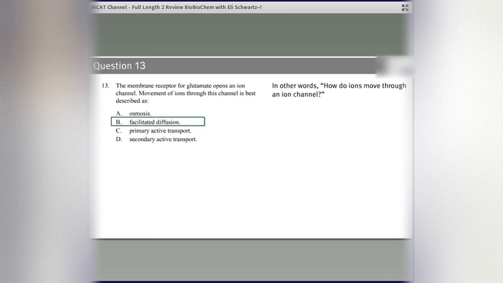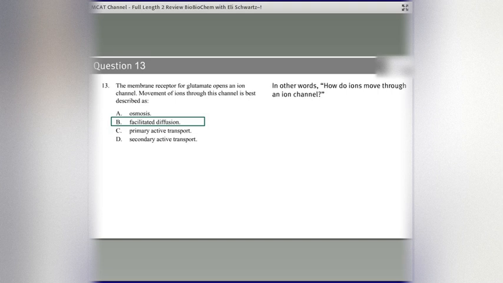So unless we know anything else, that is by default the most general answer. It is facilitated diffusion. Simple as that. Now that's kind of specific to the MCAT, asking you a question where multiple answer choices, if you knew some new specific information, could be right, but only one answer has to be right. So facilitated diffusion must be the correct answer.